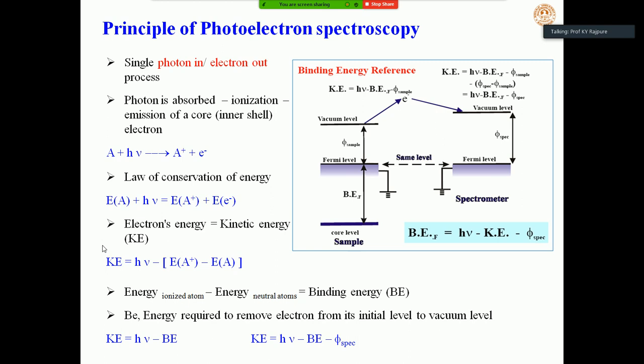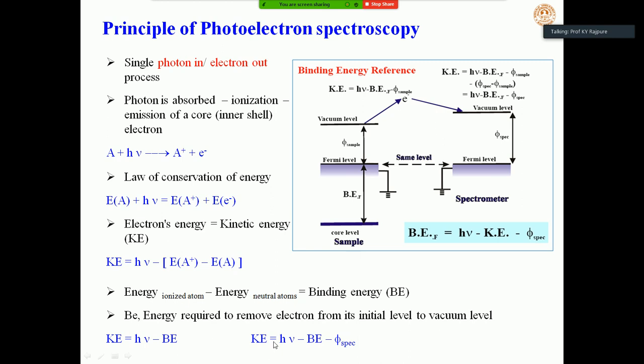The electron has left the atom, but it is still inside this machine. So it has to cross the work function, which is the amount of energy required to take the electron from the Fermi energy to the vacuum level. So it has to cross the work function of the spectrometer also. So you need to add the work function of the spectrometer as well.